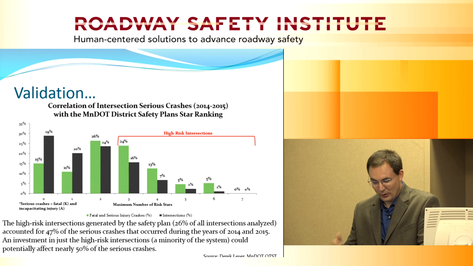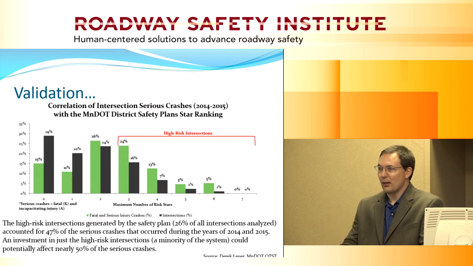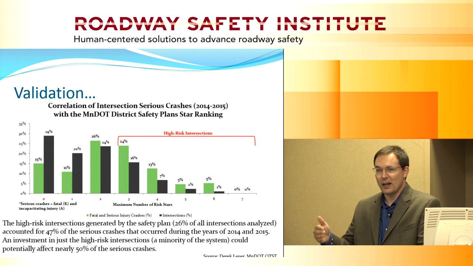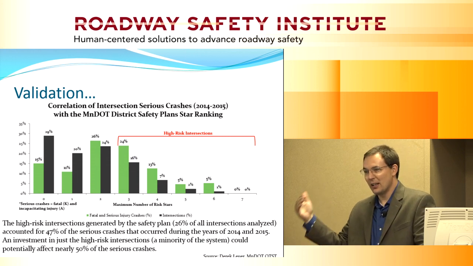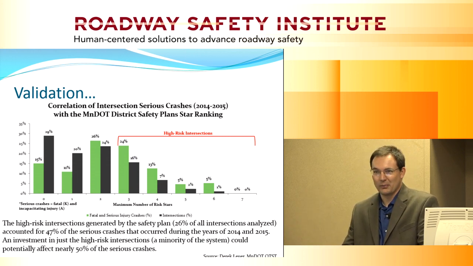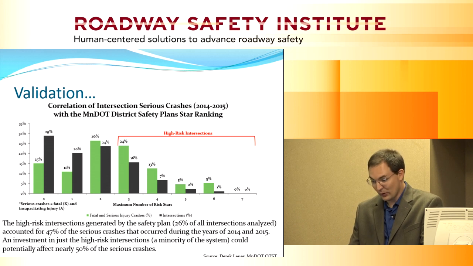Nearly 50%. What does this say? It means an investment in just the high-risk locations can almost affect 50%. So an investment in the minority can possibly have a result in the majority of crashes in terms of reducing those.